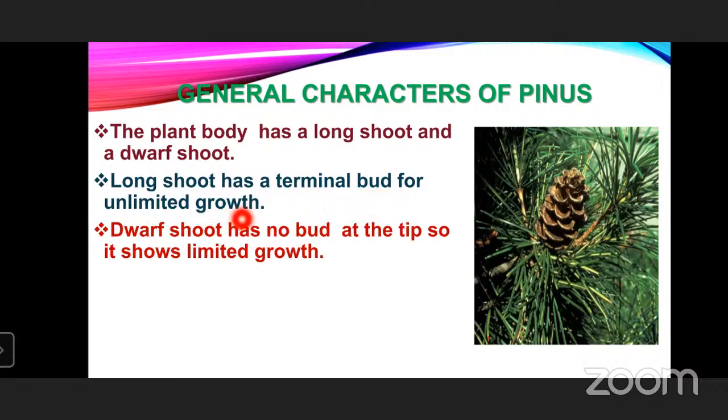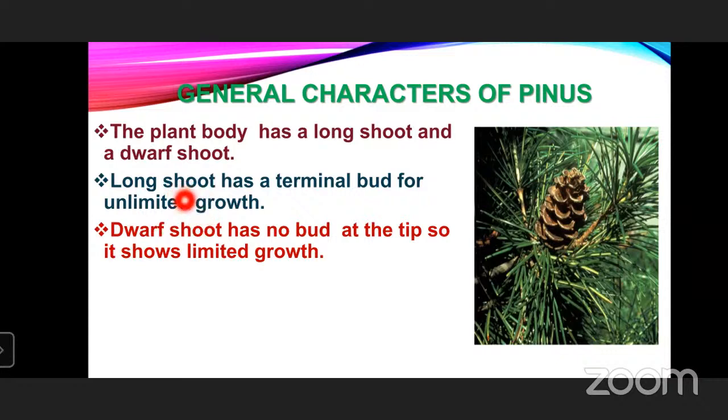You listen to these points carefully. The plant body consists of a long shoot as well as a dwarf shoot. The long shoot has a terminal bud, and this terminal bud consists of apical meristematic tissue. By the activity of the apical meristematic tissue, the growth of the long shoots takes place continuously. So those branches are called branches of unlimited growth.